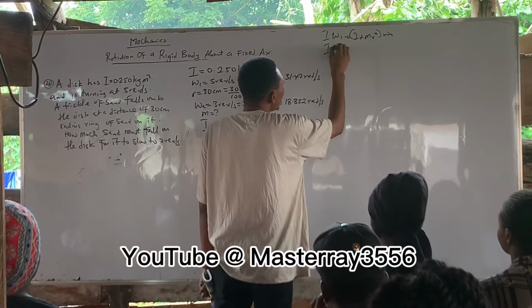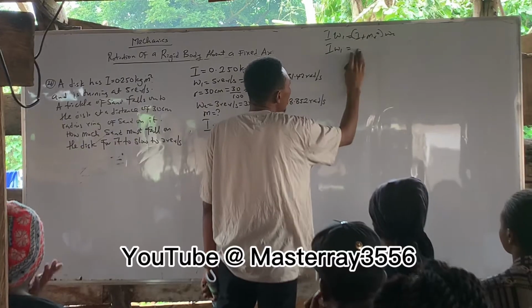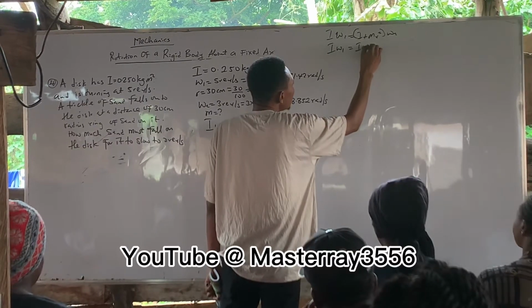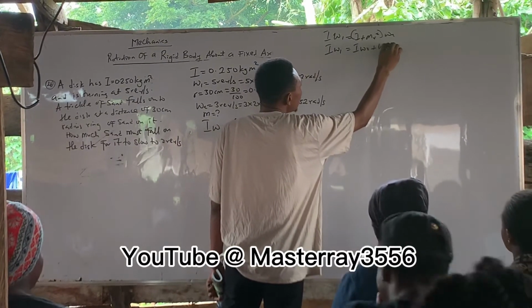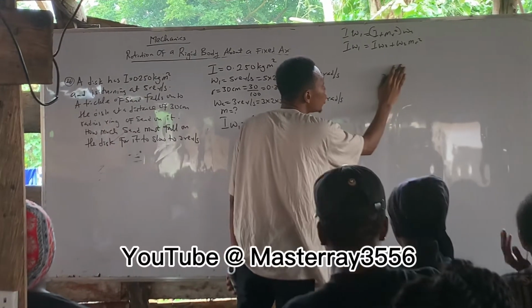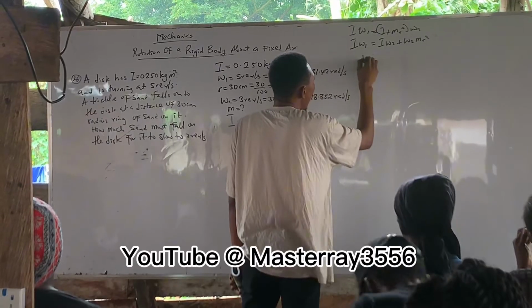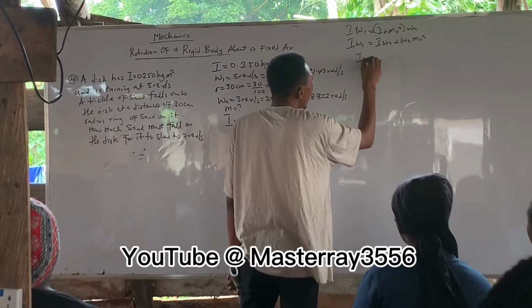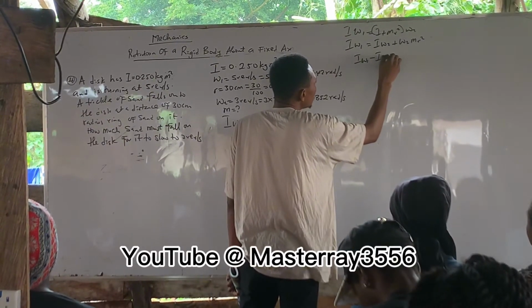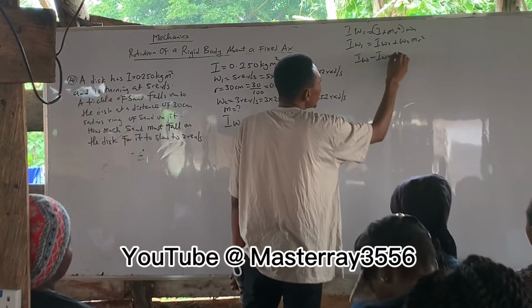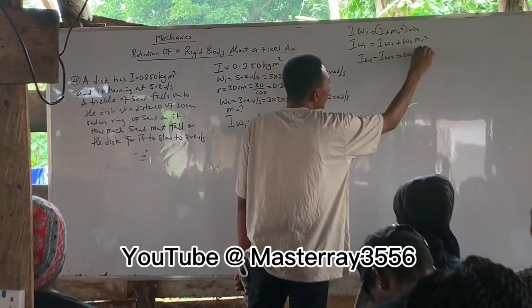We have I W1 equals to I W2 plus W2 MR square. So this becomes I W1 minus I W2, then equals W2 MR square.